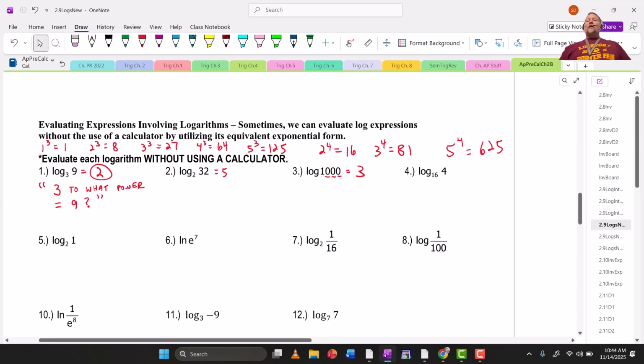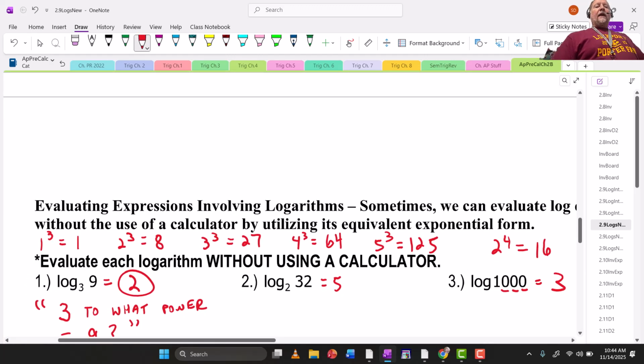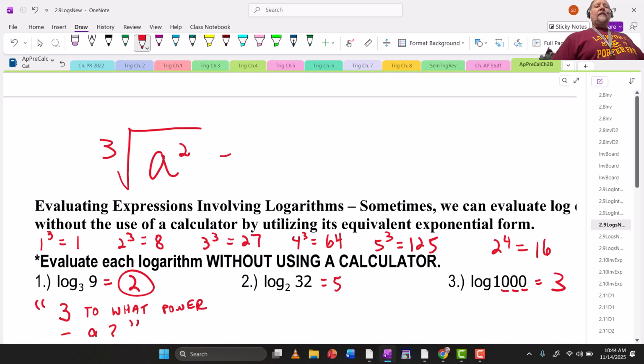You should know all of these in addition to negative exponent rules and also radical rules. One more thing, maybe I'll write a radical rule up there. Remember, if I have the cube root of a squared, that equals a to the 2/3 power, where 3 is the index.